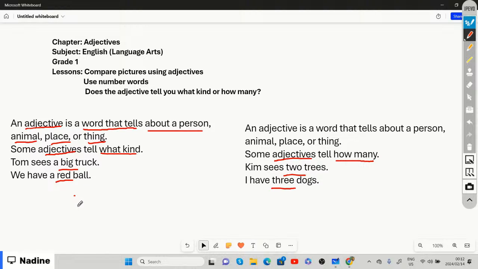And once again, our lessons are to compare pictures using adjectives, use number words, and also does the adjective tell us what kind or how many.